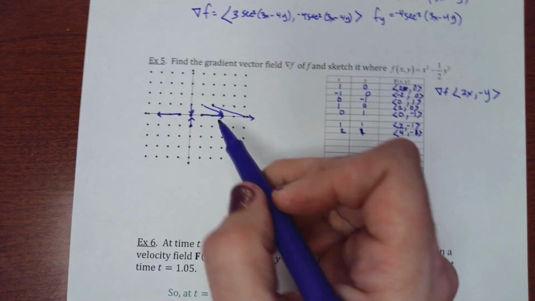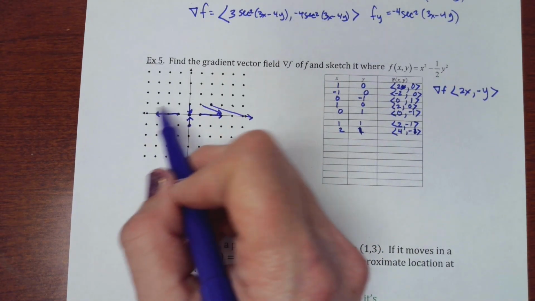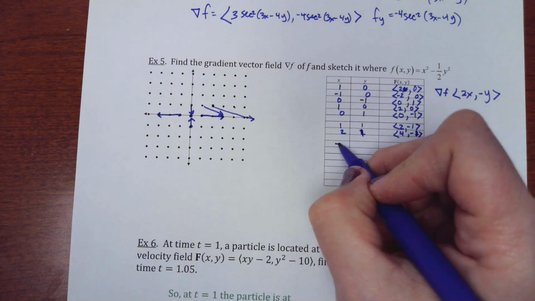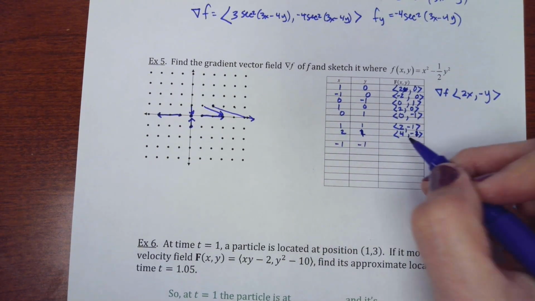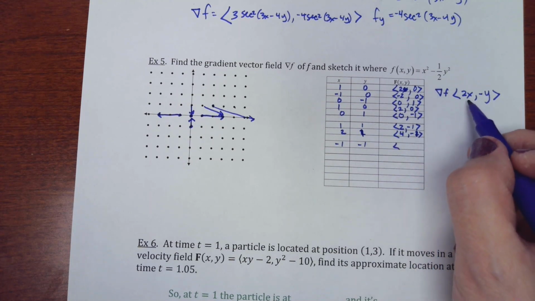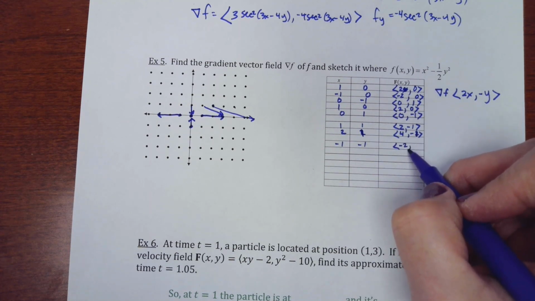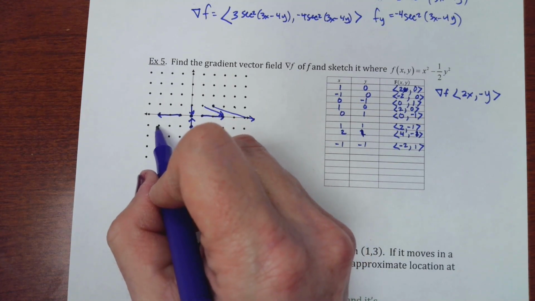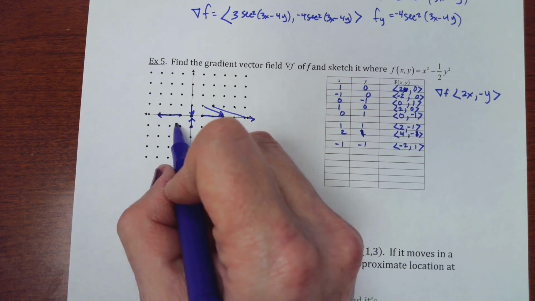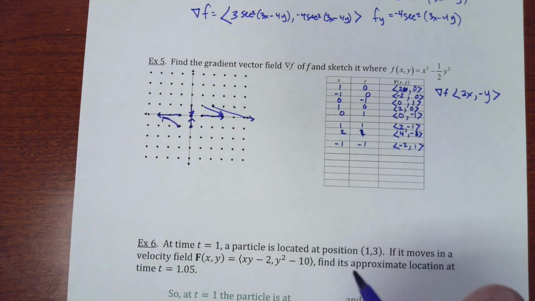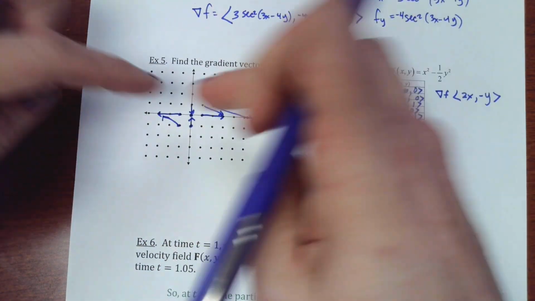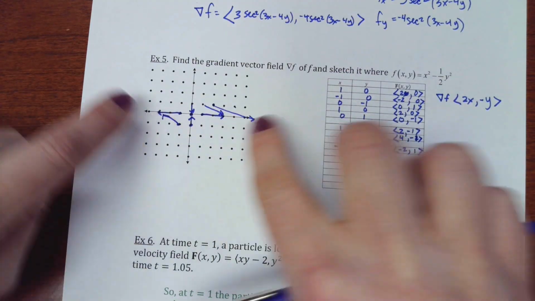Okay, so all these things point that way. From the bottom, let's do negative 1, negative 1. So that would be negative 2, comma 1. So here, I go left 2, up 1, so it would go there. Basically, the inside is pointing in, the top is pointing that way, the bottom's pointing this way.